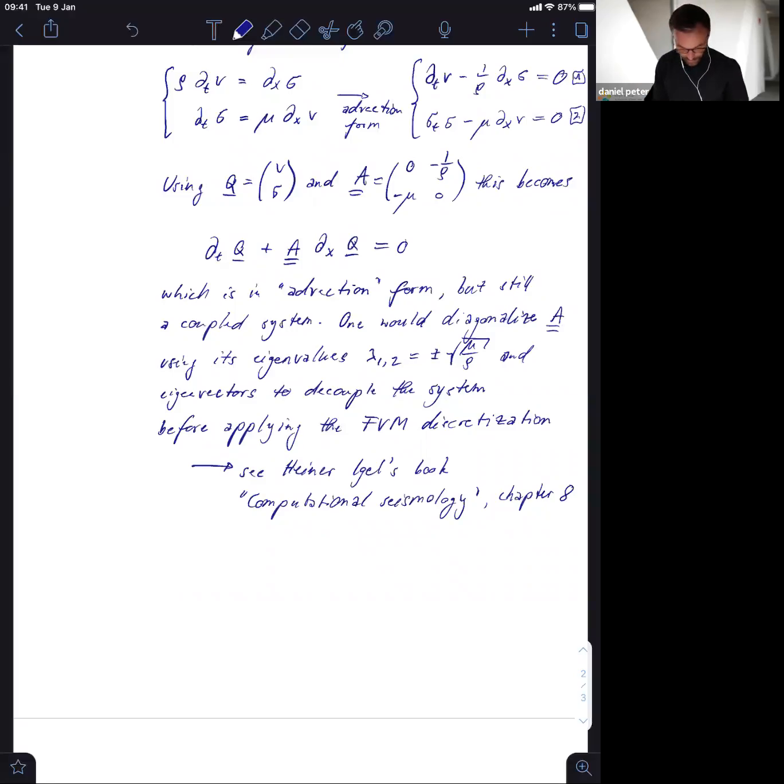So what he will introduce is the so-called Lax-Wendroff scheme for the advection problem.